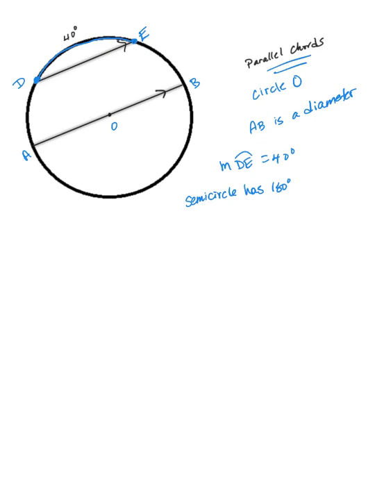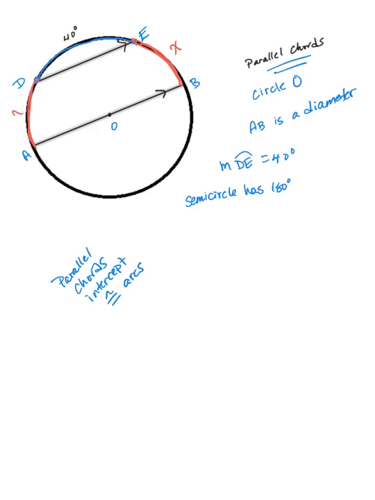And the fact that you would need to know here is that parallel chords intercept congruent arcs. Okay, so what does that mean for us? That means that DA and EB are equal.